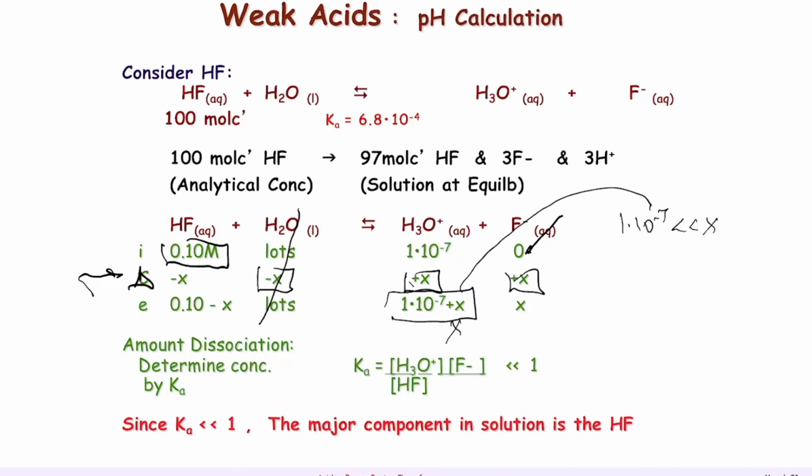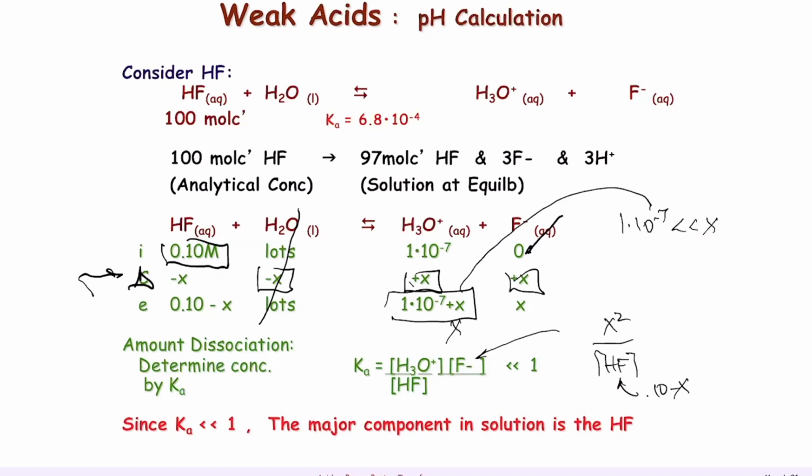So this equation really reduces down to X squared over HF, and HF is 0.10 minus X. But look at the K equilibrium. I don't show it to you here, but it's going to be 1 times 10 to the minus 4.